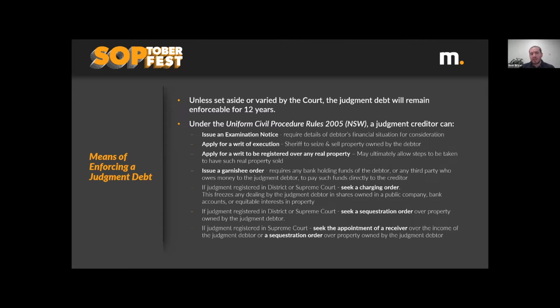The other way you can go about it in certain circumstances, which didn't make it onto the slides, which is as relevant, is by making an application under the Contractors Debts Act, particularly if there's a hierarchy in the contractual chain.